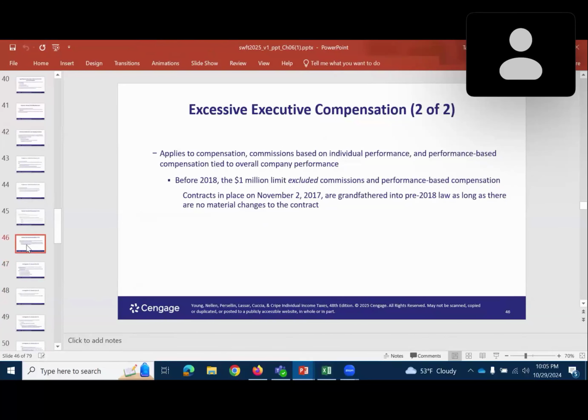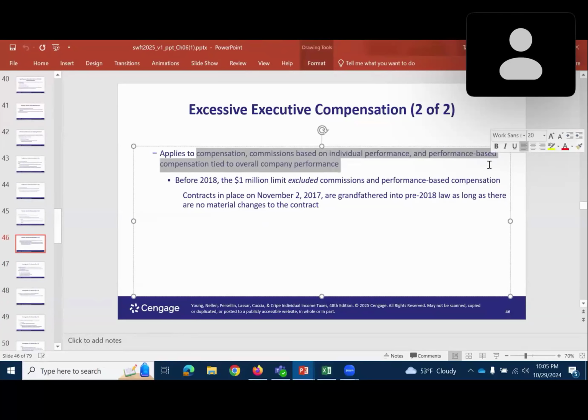Anything after that is now going to be based on compensation, commission-based, performance-based. The $1 million limitation applies, so you're the CFO. I gave you $10 million of salary. I can only deduct $1 million. I also gave you $20 million in bonuses.